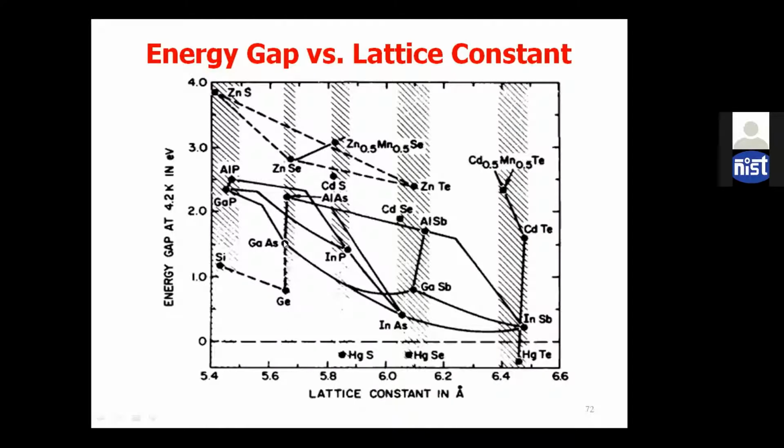If you see the lattice constant, the lattice constants of gallium arsenide and aluminum arsenide are approximately matched. So if you take gallium arsenide and aluminum arsenide and form AlGaAs, it will be a lattice matched heterostructure. However, see another one.